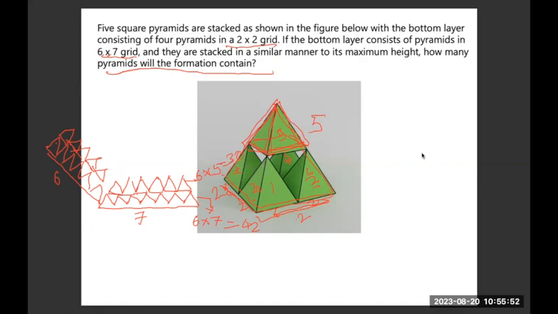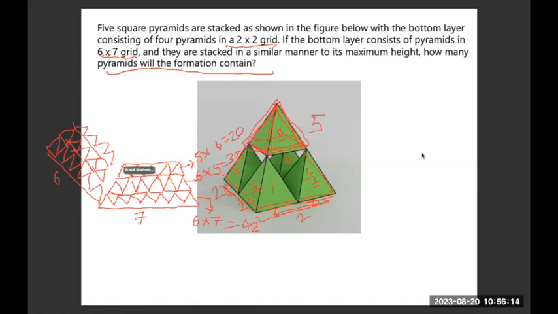Next part. On top of this, 5 by 1, 2, 3, 4. 5 by 4, 20.